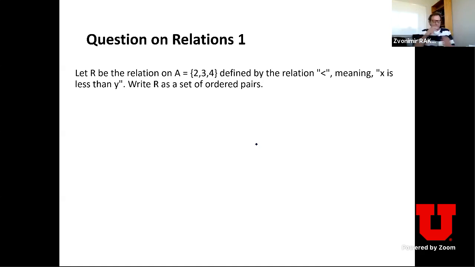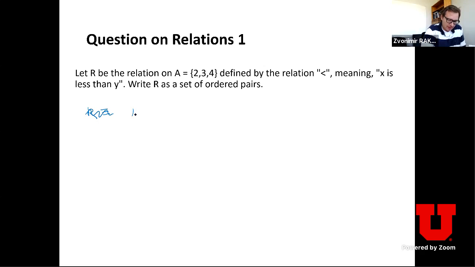Okay. Let's do a simple question on relations. We have relation R defined on set A, and it's defined by the relation less than, and we want to write R as a set of ordered pairs. So how do we do this?